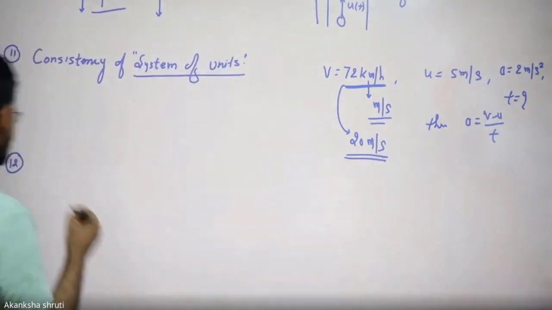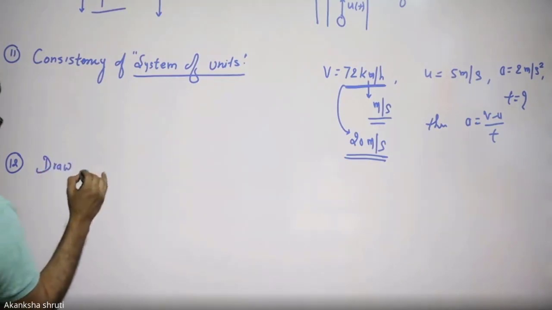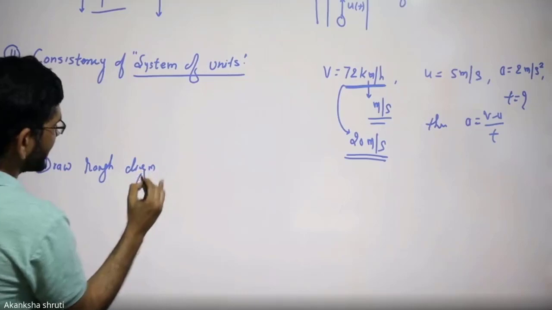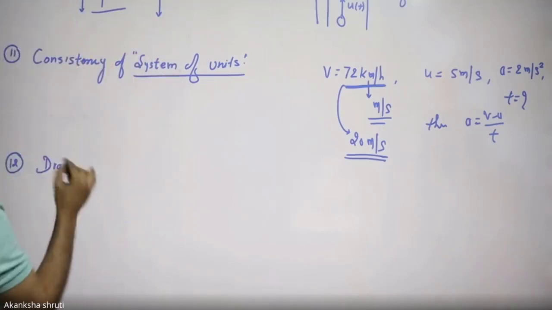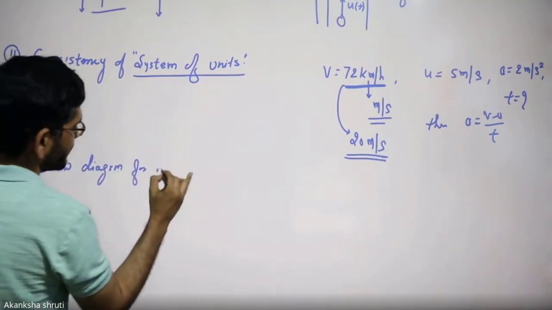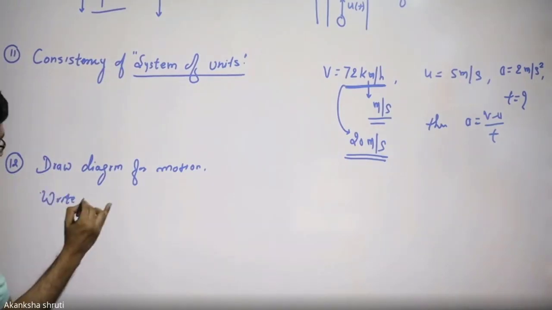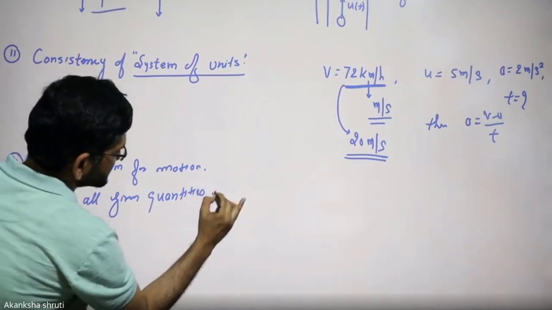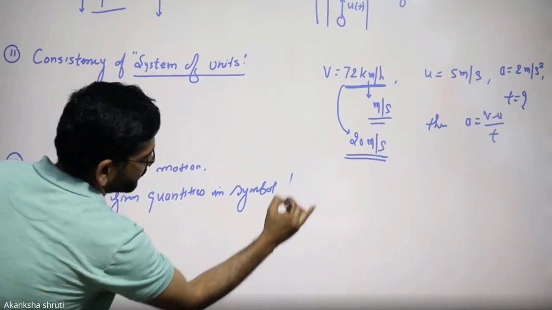So student, the next step is draw a sketch diagram or rough diagram. Rough diagram does not mean the diagram you draw at the end. So better to write: draw diagram for motion. Write all given quantities in symbol form.